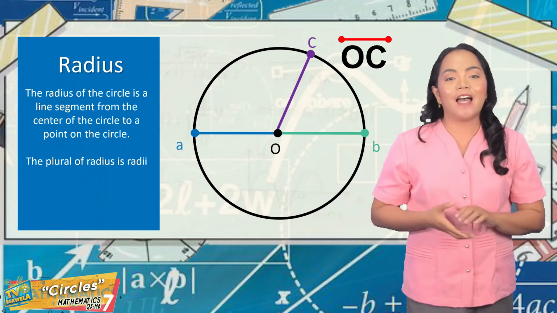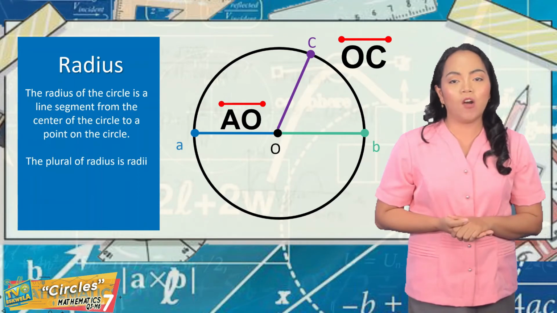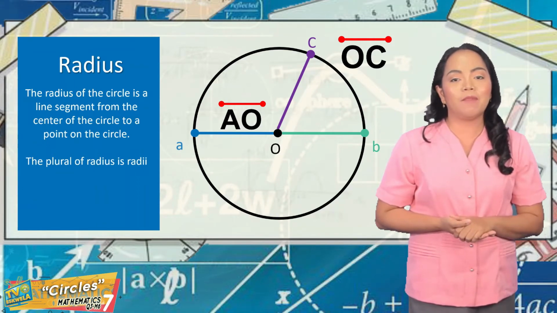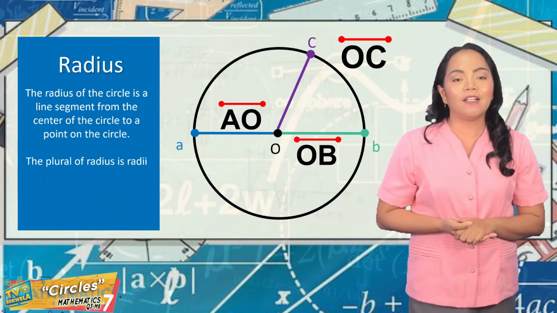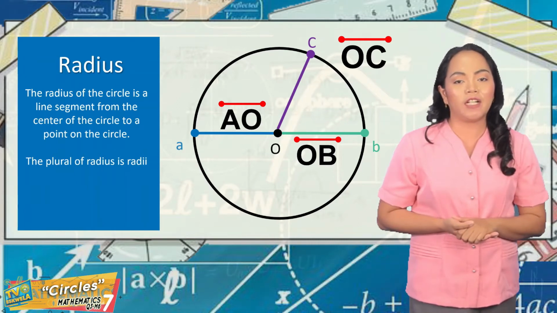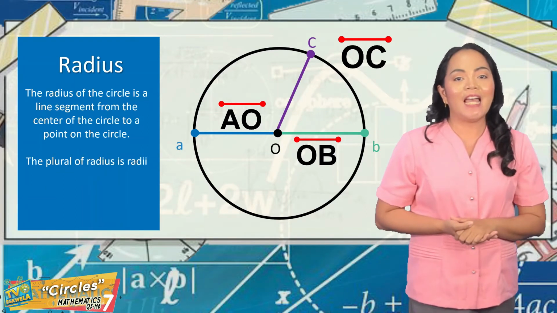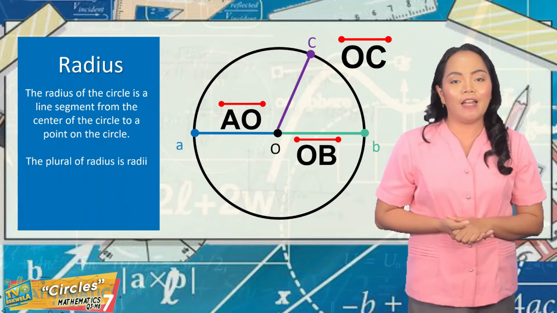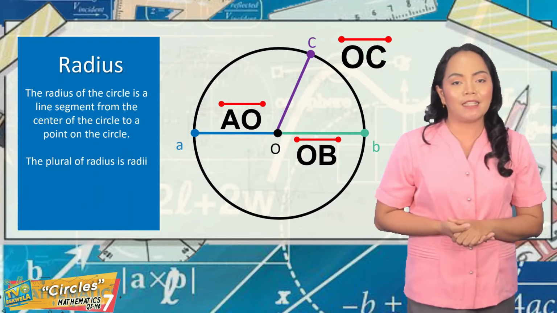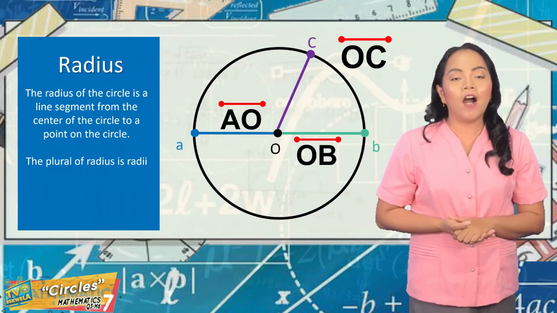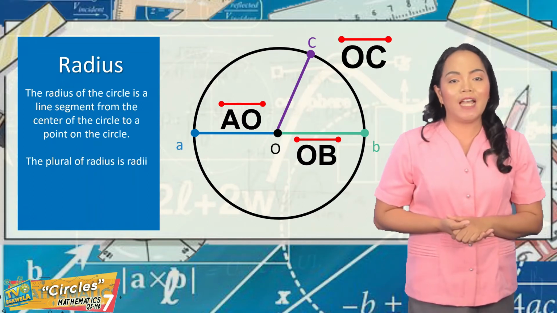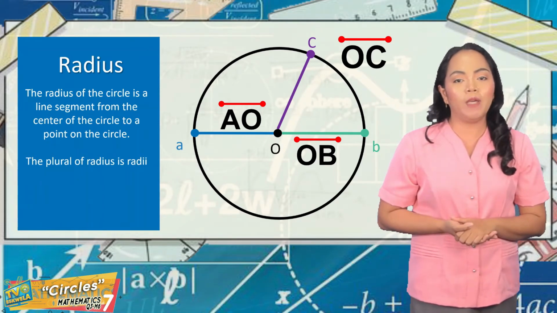Correct! Line segment AO and line segment OB are the other radii of the circle. The radii of a circle have the same length. We can now conclude that line segment OB is half the measure of line segment AB.